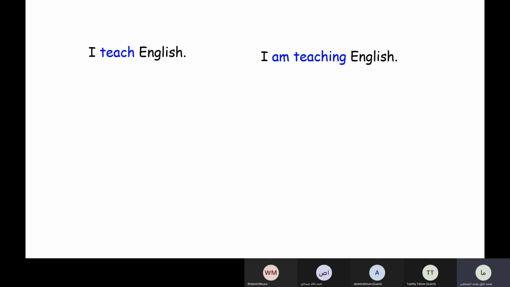Look at the example. What are we doing now? Yes, we are studying. Now we are studying, at the moment, right now, etc. So we use the present progressive with actions happening or occurring now.